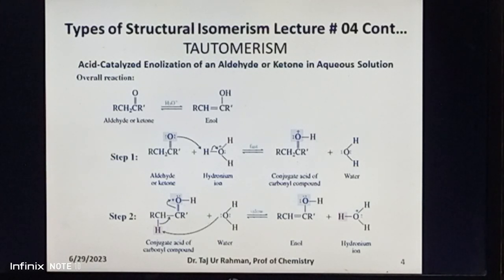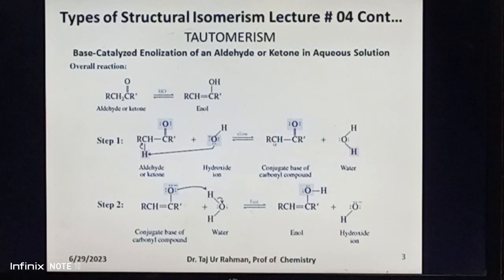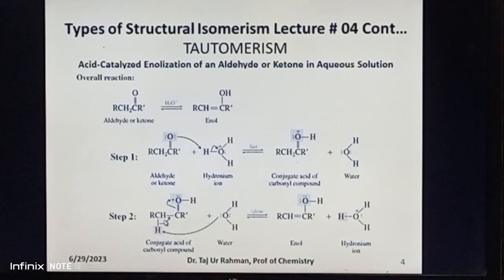The main difference between the two mechanisms is that the sequence of the steps is reversed. The abstraction of a proton from the alpha carbon is the first step in this base-catalyzed enolization, while it is the second step in this acid-catalyzed enolization of an aldehyde or ketone in aqueous solution. In both these mechanisms, proton abstraction from the alpha carbon is the rate determining step.